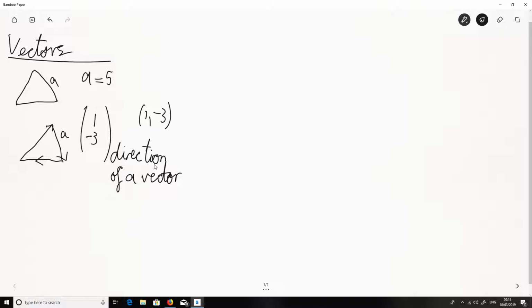And for the magnitude of a vector, what we do is square and add these units. So we use our good old Pythagoras, and we use 1 squared plus -3 squared, all square rooted, is the magnitude of A. That's how we write magnitude. It's also important to note that for vectors, you want to underline them to indicate they are vectors.